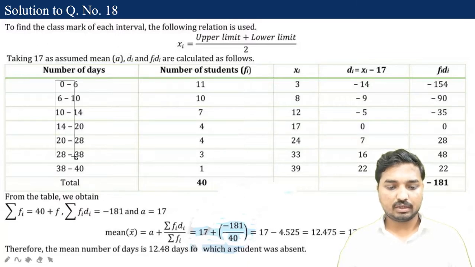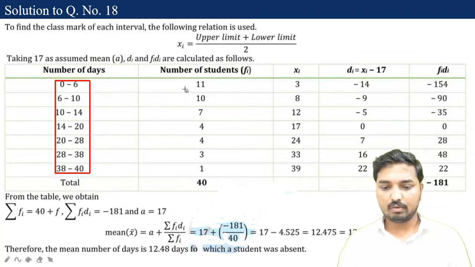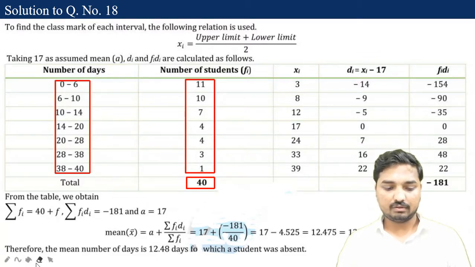This is the data given in the problem itself, and fi, the frequency, is also given in the problem. You need to take the sum of this, and it becomes 40. This is summation fi. Now look at the rest.